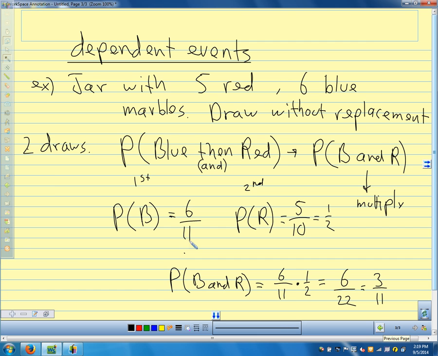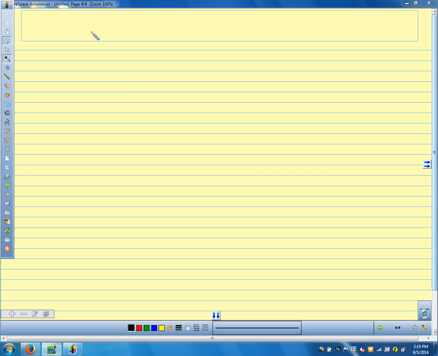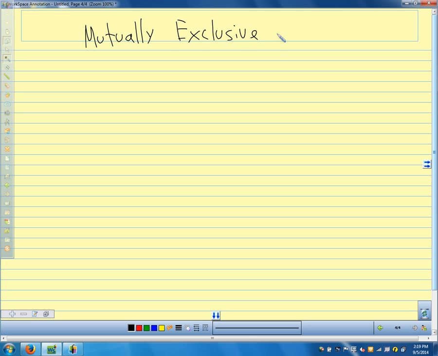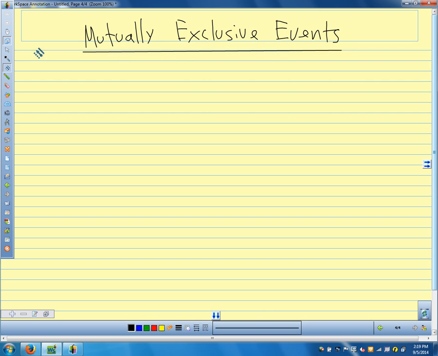All right. The last kind of probability we want to talk about, we have one more special kind of event for compound probability: mutually exclusive. What are we going to guess mutually exclusive means?